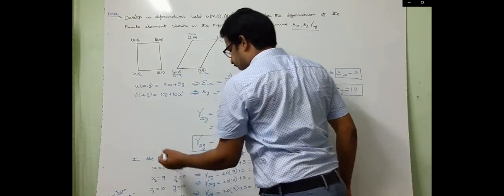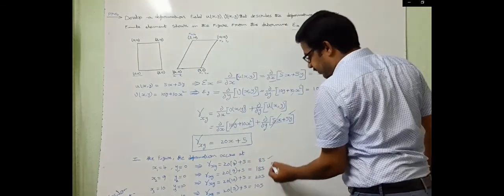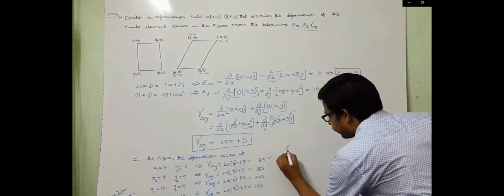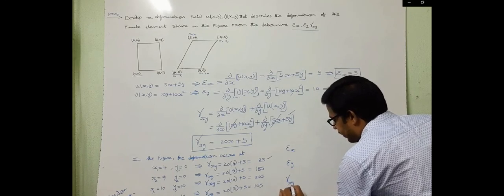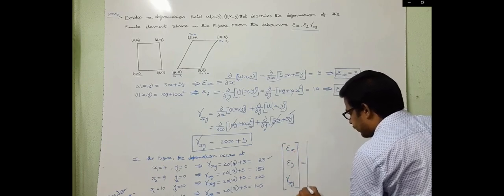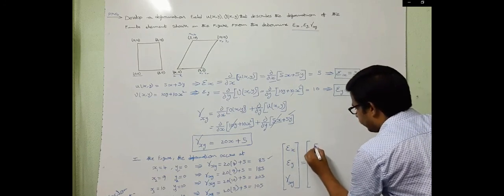So in this deformation figure, the deformation occurs at these 4 points. So here what is the minimum value? This is the minimum value. So we can consider epsilon x, epsilon y, gamma xy as equal to: what is the epsilon x value? 5.